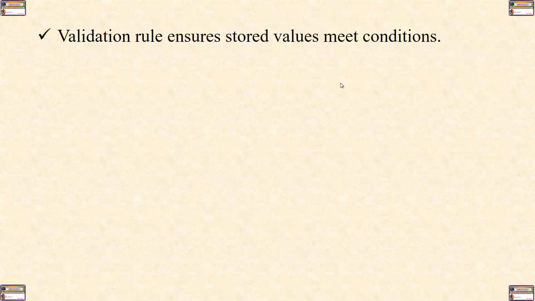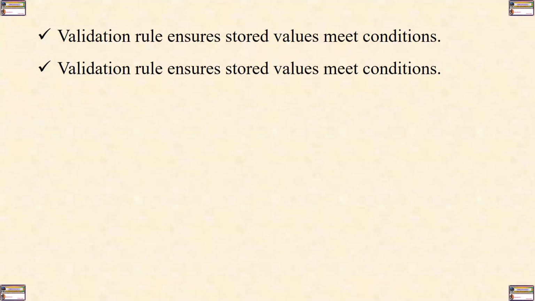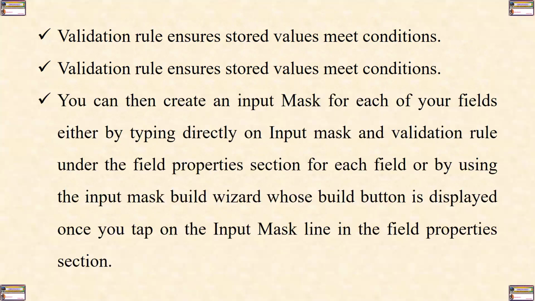And therefore, it's always important also to set what we call the validation rules. Why? To ensure that the data that is stored in your fields meets the required criteria or conditions. A validation rule, just as I've said, ensures that data meets a certain condition.